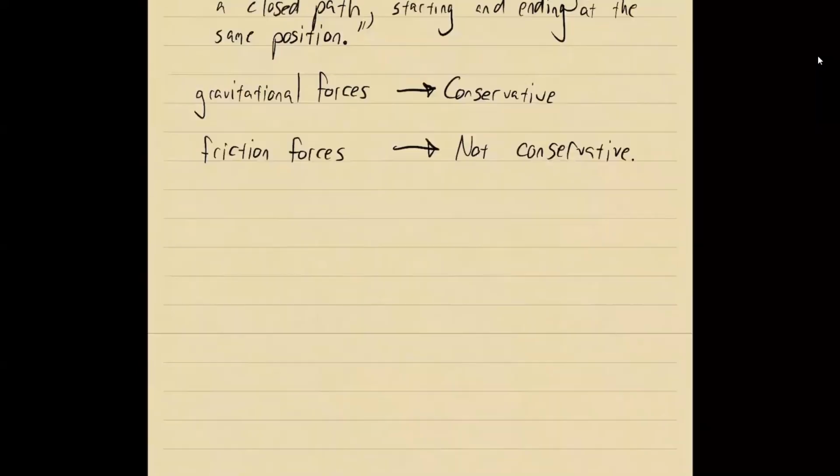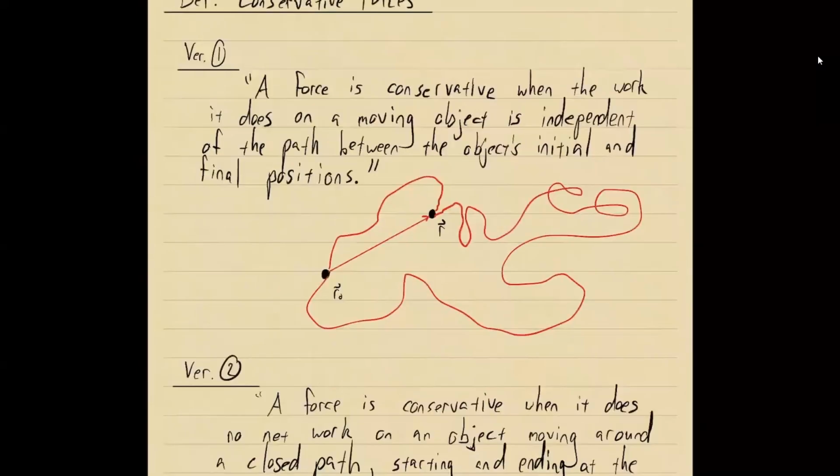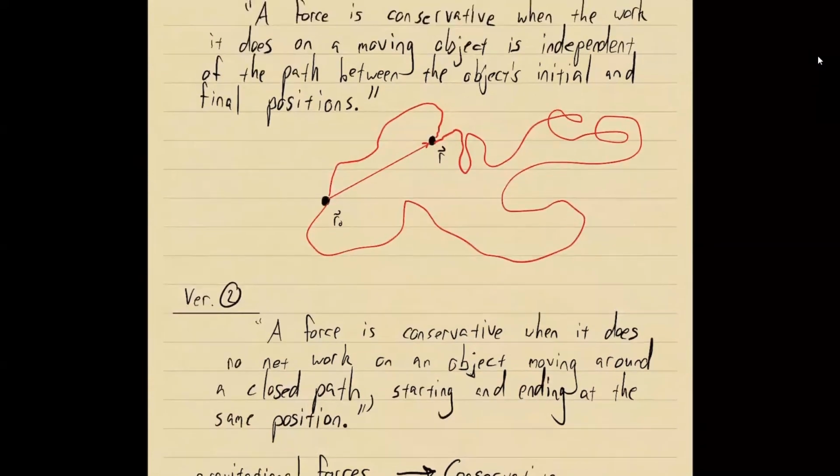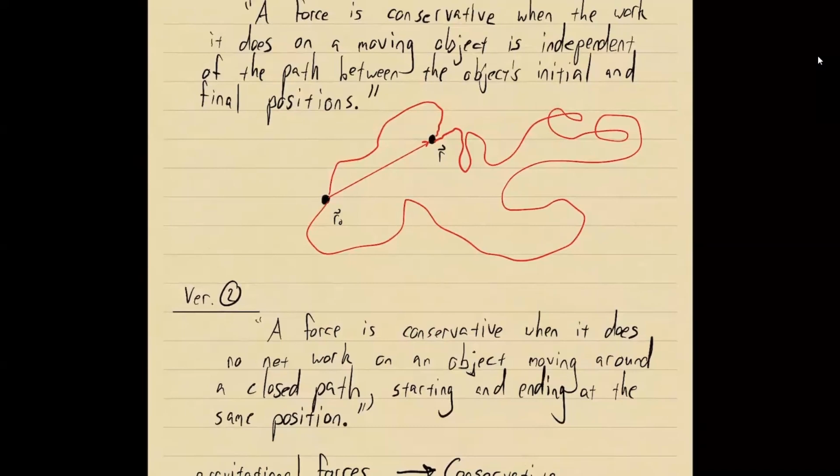Friction forces, on the other hand, always point in the direction opposite to the intended motion of an object. So looking at this example, if there's friction and we're moving an object from here to here, it depends on the path that we take.